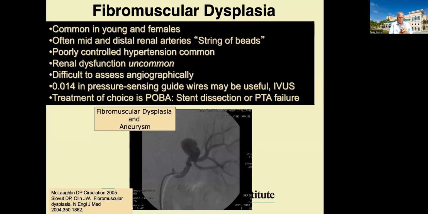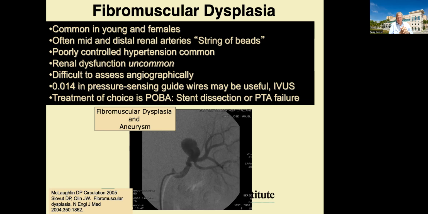As you know, it's common in young people and in females. It's often in the mid or distal part of the renal arteries, producing the string of beads. Many times it's totally asymptomatic, but it also is a cause of hypertension and commonly poorly controlled hypertension.